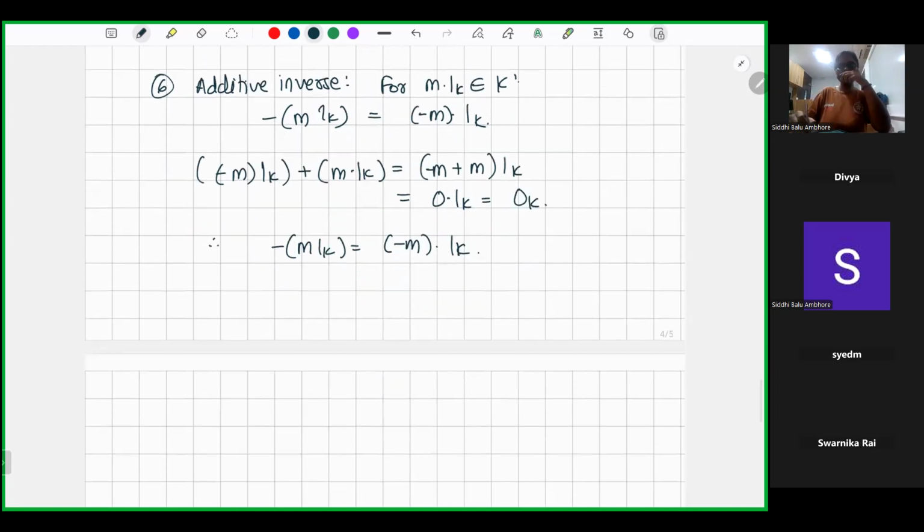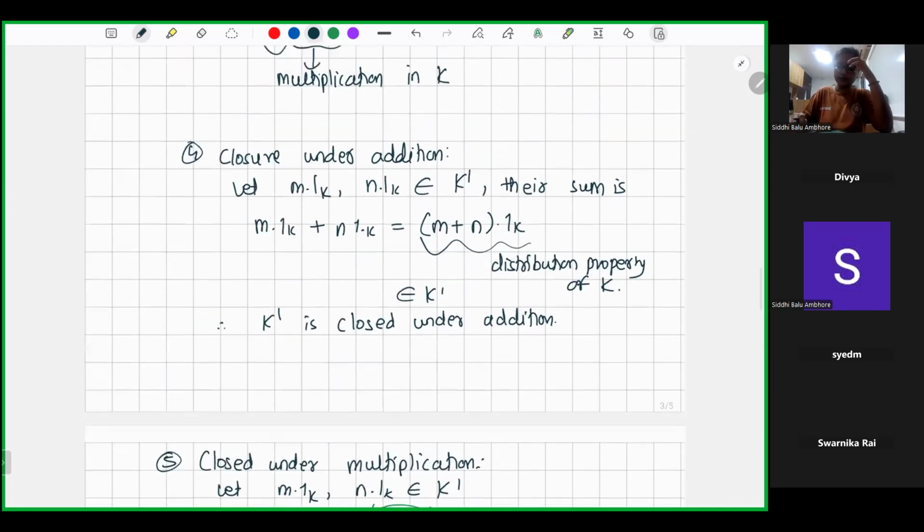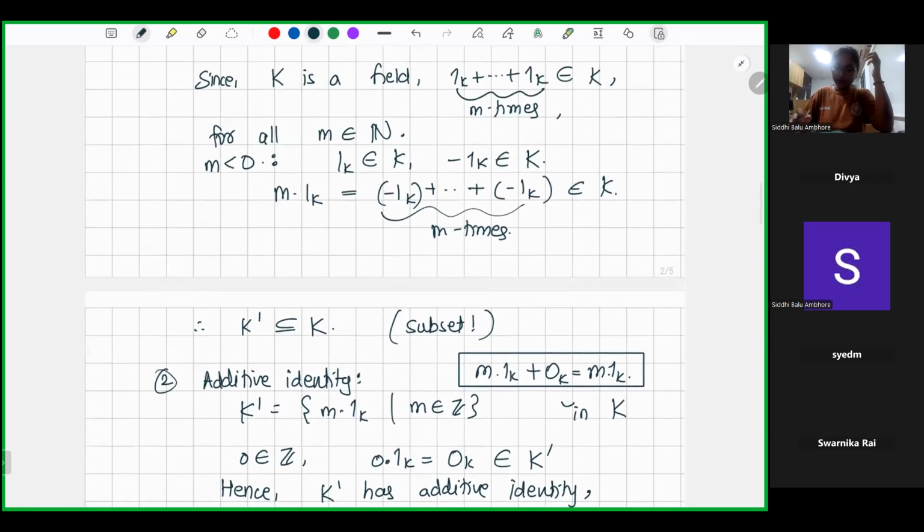So note that these two represent different things. I mean, they are equal, but what this means is that this is the additive inverse of m1k. And when I write this, this is how I defined the addition for negatives here.